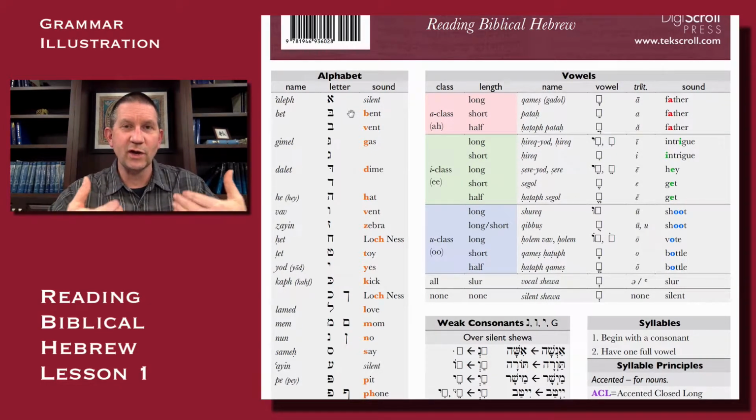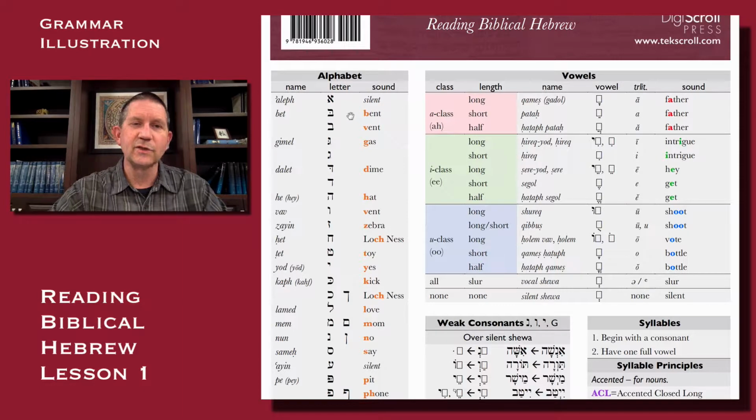It's always a hard sound. So sometimes we will call the B sound a stop. Sometimes we'll call it a hard consonant. The V sound then might be called a spirant or a soft B sound.